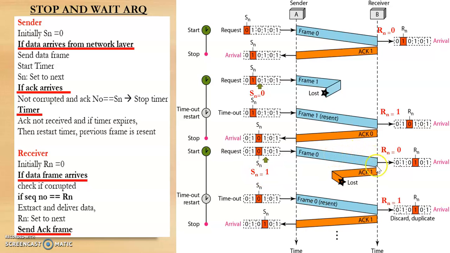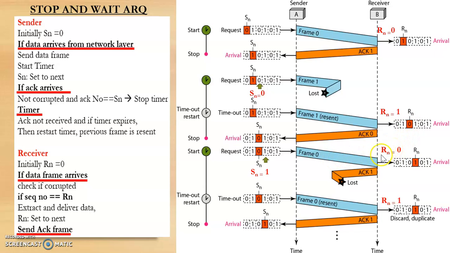After the frame arrives at the receiver side, the receiver will check if the frame is corrupted. Let us assume that the frame is not corrupted, and then it will check if the sequence number is equal to Rn. Now the sequence number of the frame is 0 and the Rn value is also 0, because the last updated value of Rn was 0. So both are equal.